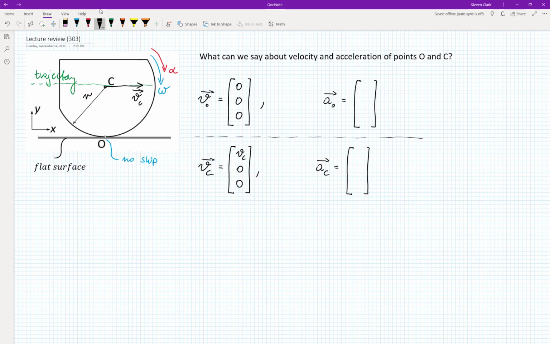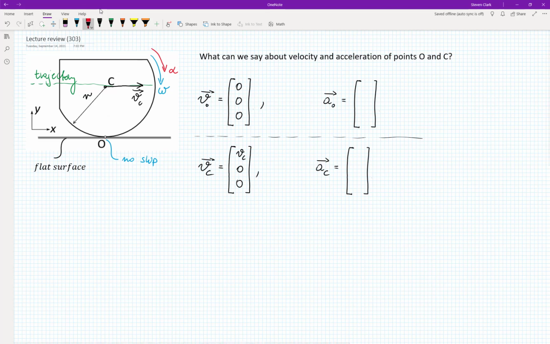How about accelerations? Let's start with point O. What is the acceleration of point O? Anybody? Will it be 0, 0, 0? No. It will have only one component, right? So acceleration at point O will be vertical, horizontal, or arbitrary direction? It will be vertical, exactly, yes.